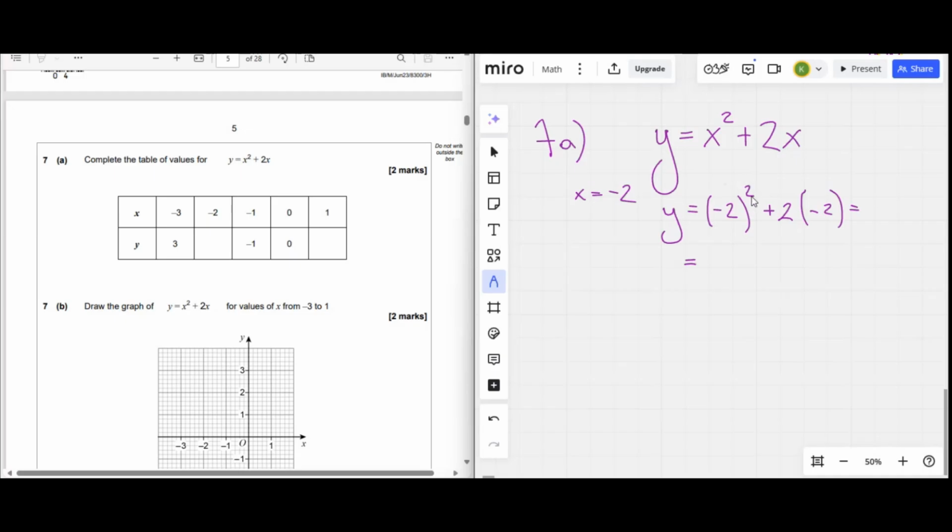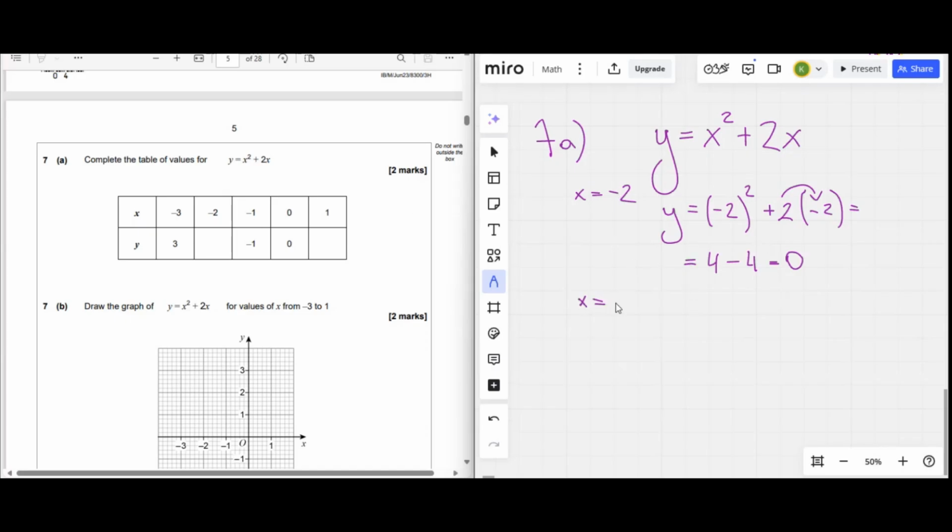-2 to the power of 2 is how much? 4. Yes. And then plus 2 times -2, plus and minus gives us -4. So the first result is 0 to put in there.